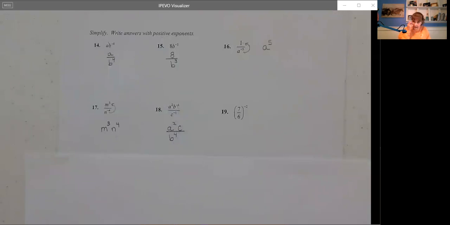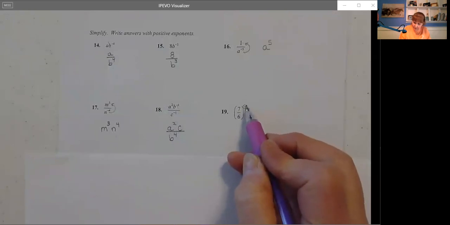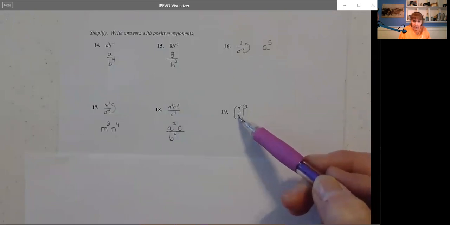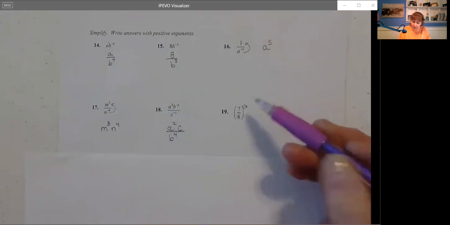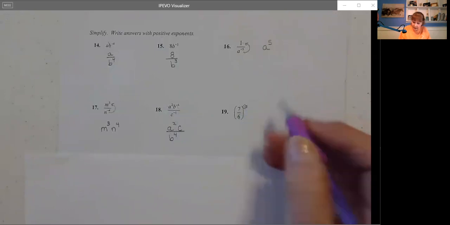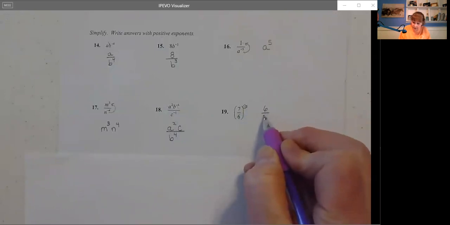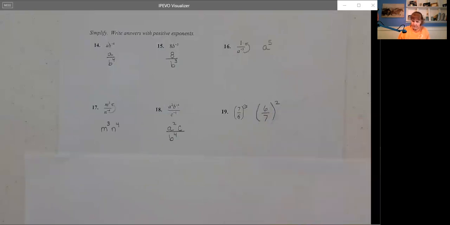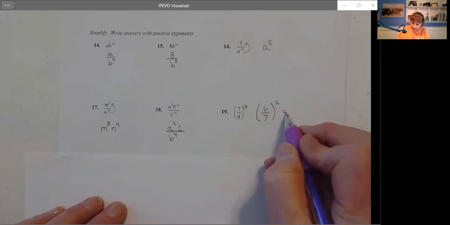Let's look at 19. I'm going to be changing the position. So I can do that on both of these since they're both in the parentheses. So the 6 will come up and the 7 will go down. That's what that negative means. Change the position on everything in the parentheses. Okay, I just took care of the negative. And then we square it.